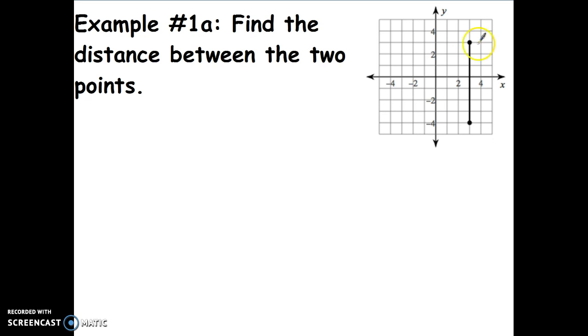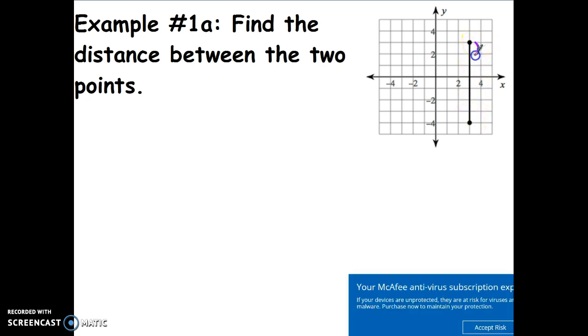You simply have to count. We count from this point to this point: 1, 2, 3, 4, 5, 6, 7. So the length of this line segment is 7 units.